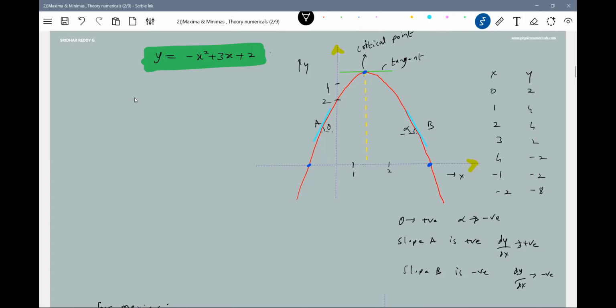Between 1 and 2, can I start like this? This is 1, for which the value is 4. Then 1.1, 1.2, 1.3, 1.4, 1.5, 1.6, 1.7, 1.8, 1.9, 2.